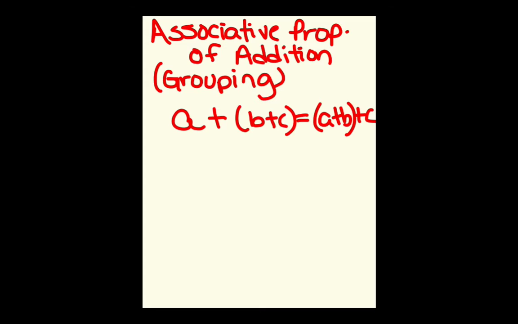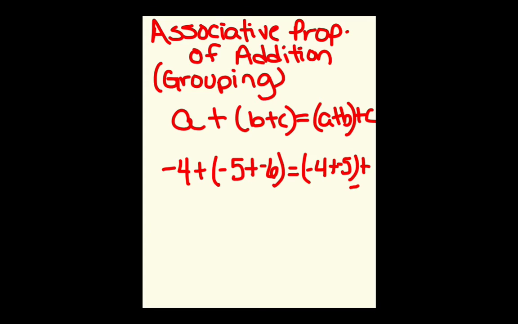Now, does this work for all types of rational numbers? Yes, it does. Let's try an example with integers. -4 plus the quantity of -5 plus -6. Does that equal -4 plus -5, plus -6?